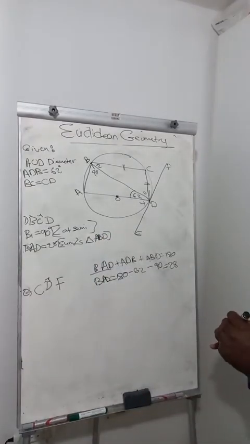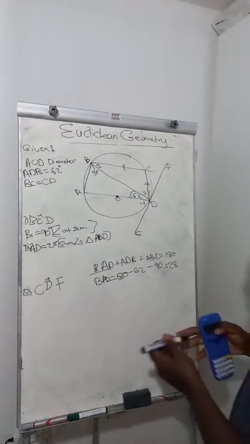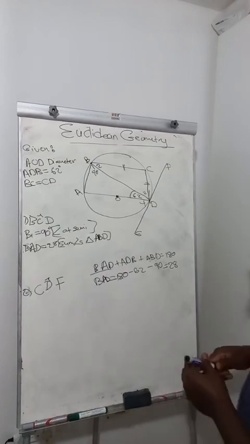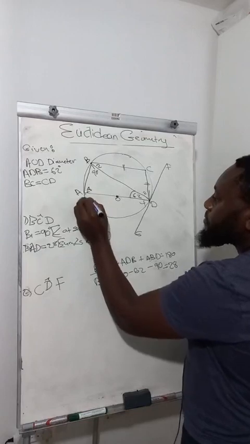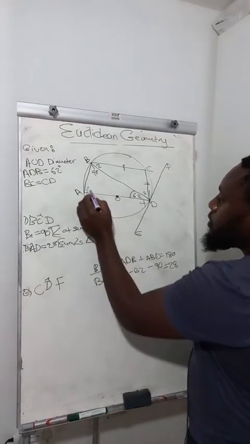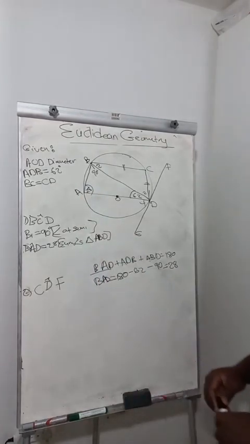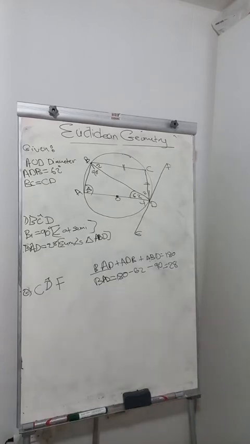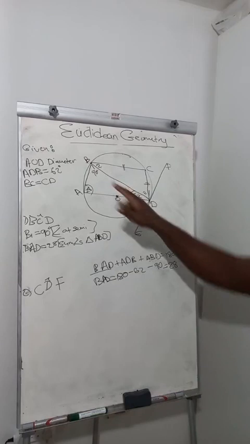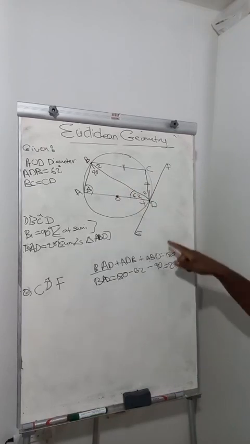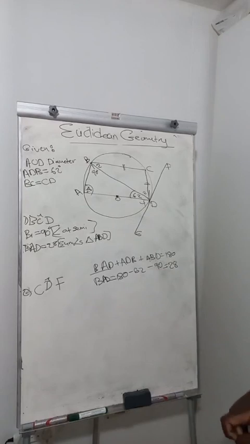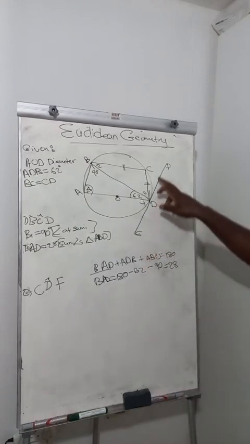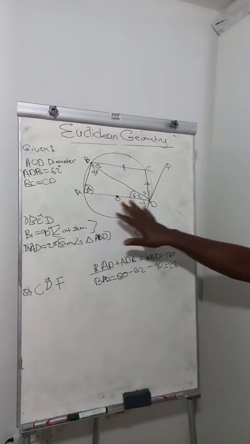Now, once you're done with that, let's move on to the next part. Here you've got 28. So after getting 28, do you see that these points B, C, D, and A are all touching the circle? So this is a cyclic quad.